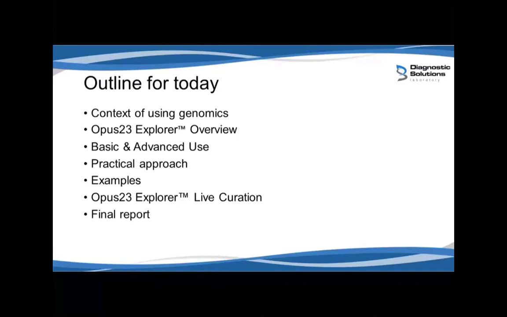I like to call them basic and advanced use, but they're both suited for different goals, and we'll talk about how exactly we use those and when to use them. Then we'll get into a couple of examples about how to approach chief complaints, family history and social history in terms of genomics. And lastly, we'll go over a live curation of how to take some information from an intake, a couple of chief complaints, some family history, and then put together a full report for a client.